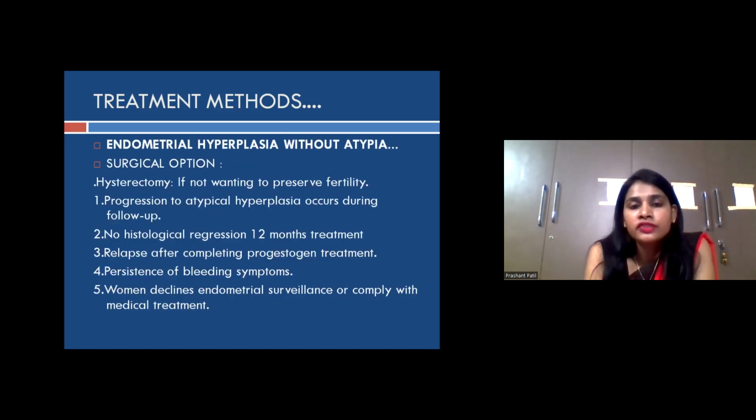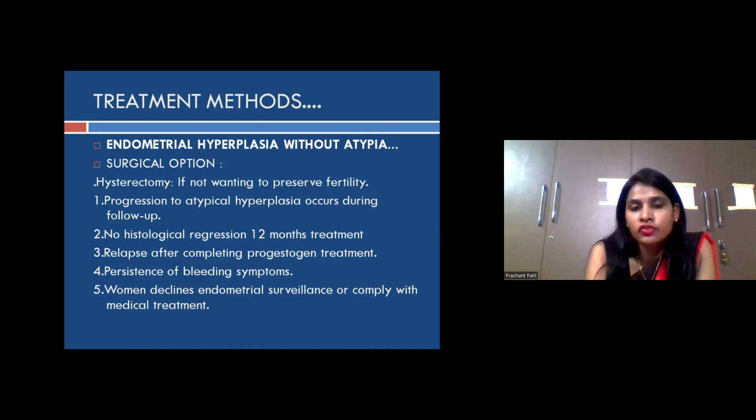If there is no histological regression even after 12 months of treatment, so we are doing the follow-up, and the histopathology picture is the same, then also these are the patients who will need surgery. Like I told you before, relapse even after completing oral progesterones are the patients who will need hysterectomy.